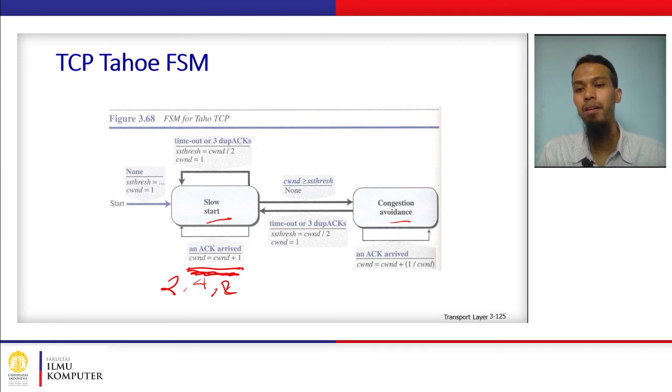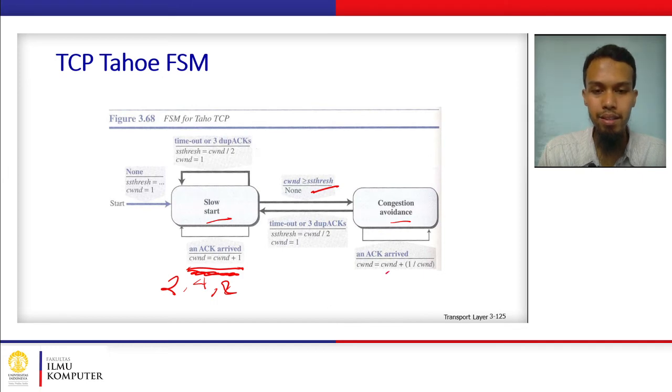Until we reach the SS threshold, the slow start threshold, then we enter the congestion avoidance state, and in this state, the congestion window will grow linearly. Again, it seems as if there's an upper bound, but actually this is linear.